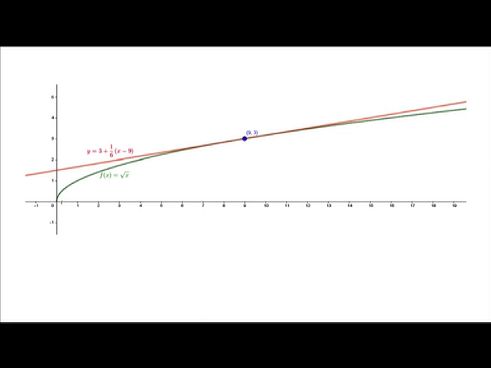Hence, when x is very near to x naught equal to 9, then f of x is approximately equal to 3 plus 1 by 6 times x minus 9. That is, square root of x is approximately equal to 3 plus 1 by 6 times x minus 9.